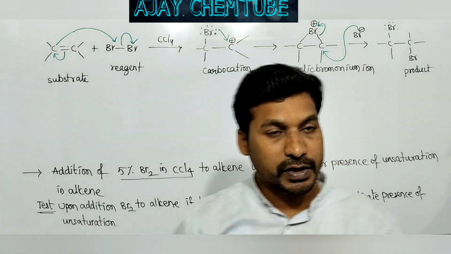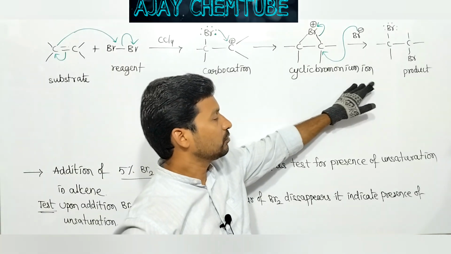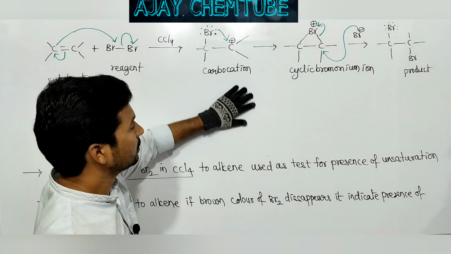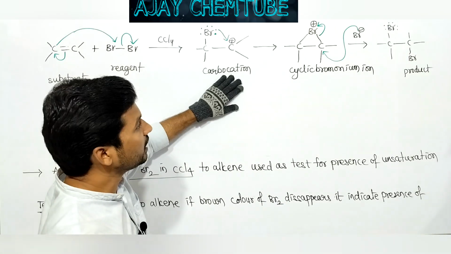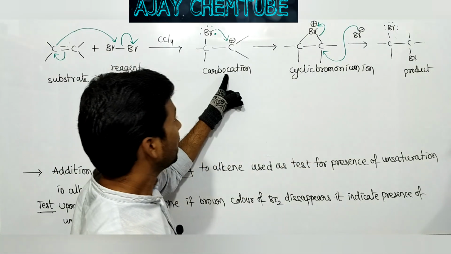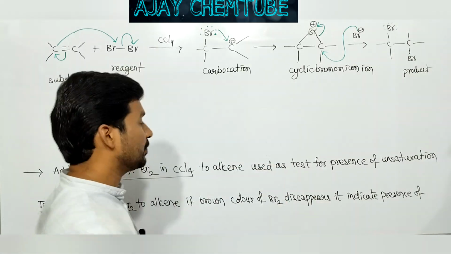If this cyclic bromonium ion formation did not take place, then the carbocation could undergo rearrangement. Due to formation of the cyclic bromonium ion, there is no chance for this carbocation to rearrange. That is my point.